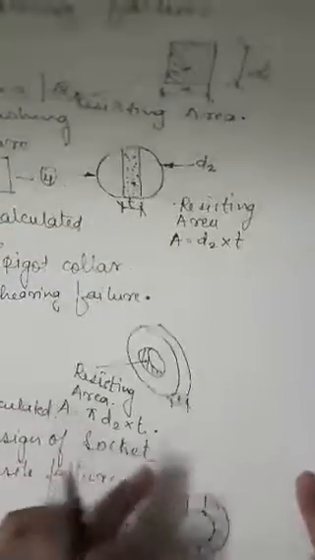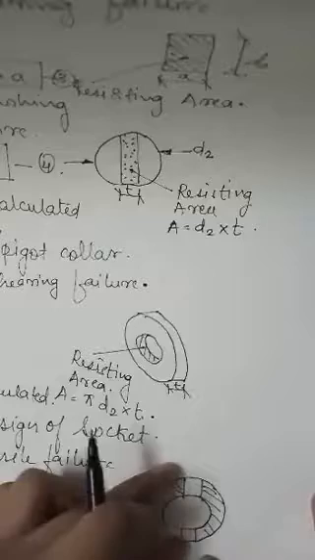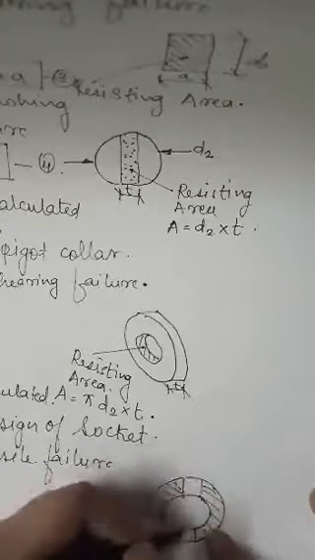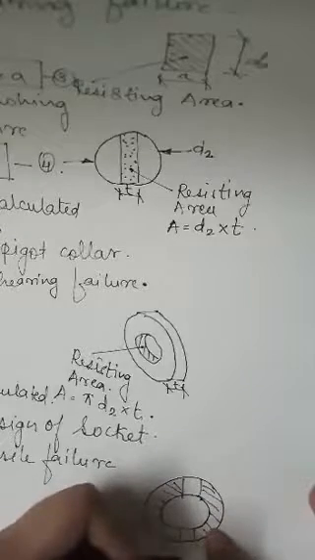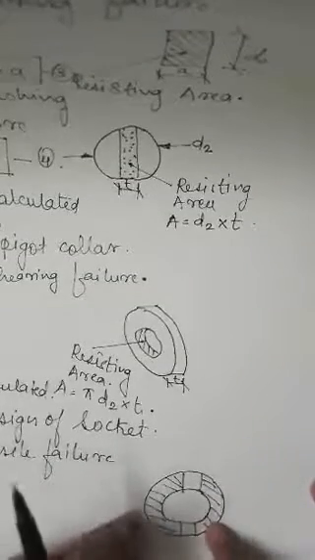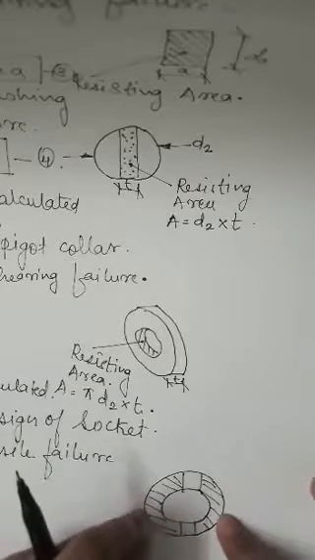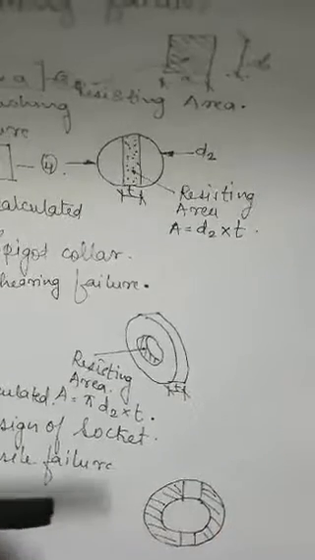The maximum chance of failure of the socket is nearest to the slot or the hole where the cotter has to be inserted. This is the portion where the socket is the most vulnerable. So let's design this part.